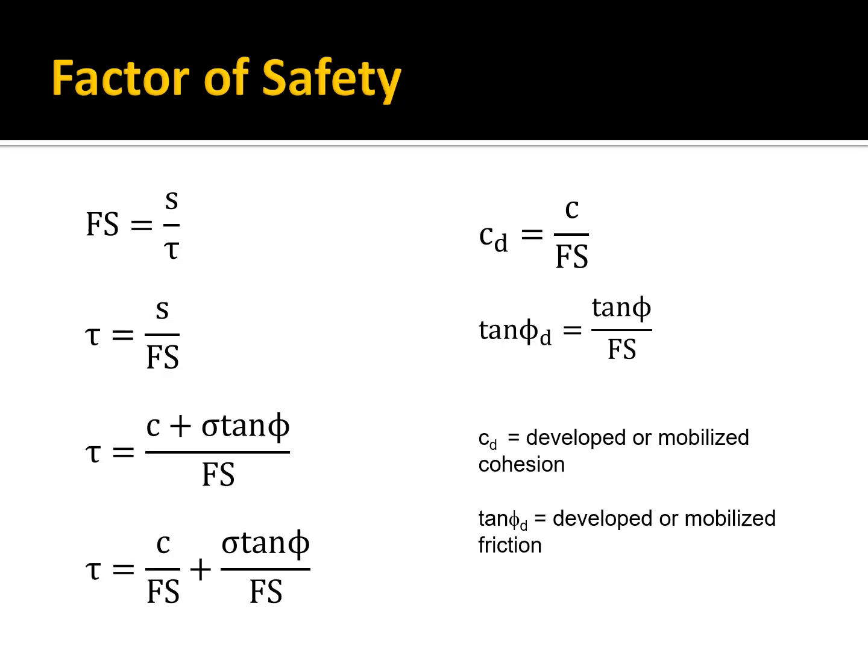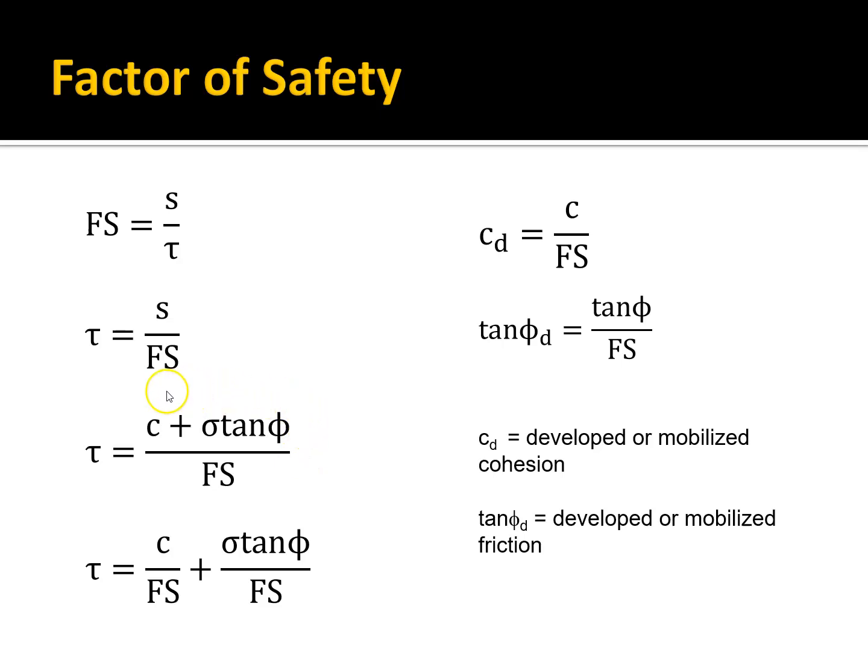Another thing about the factor of safety, as I mentioned, is that it's the soil strength divided by the shear stress necessary for equilibrium. If you solve that for the shear stress necessary for equilibrium, you have the strength divided by the factor of safety, or c plus sigma tan phi divided by the factor of safety.